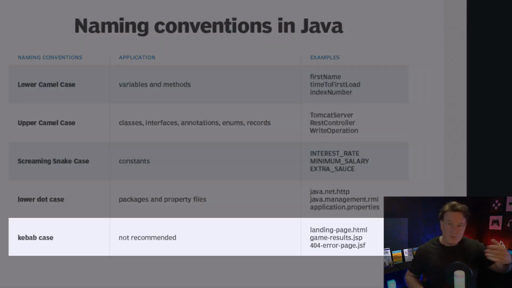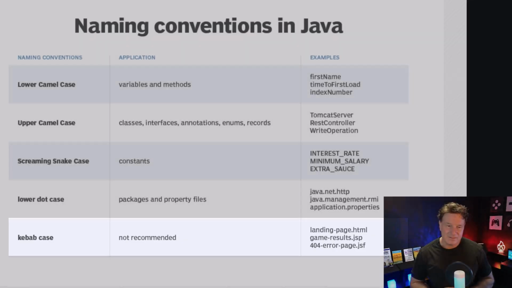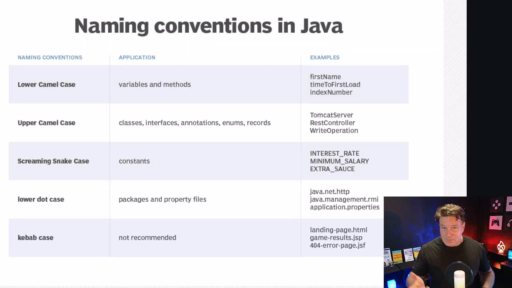I like using that if I've got a URL. So maybe if I'm doing JSF or creating JSPs, I might have a URL that includes a dash in it, which would make it Kebab Case. But as far as actually programming goes, we don't use Kebab Case at all in Java. It's valid and it would work. It's just not the convention.